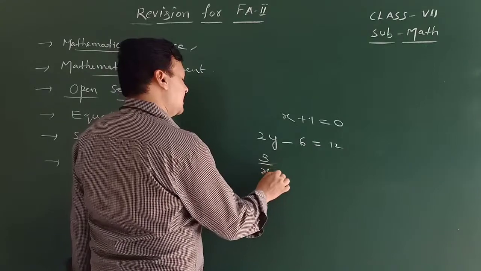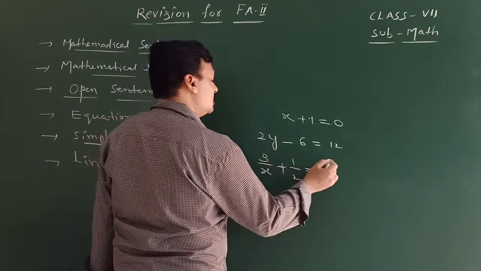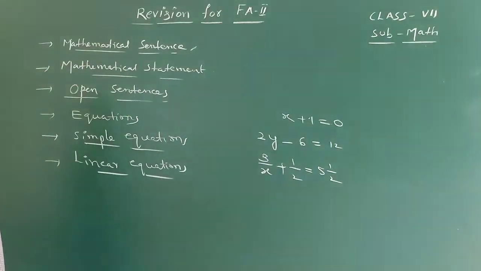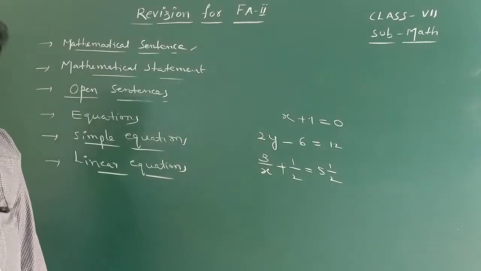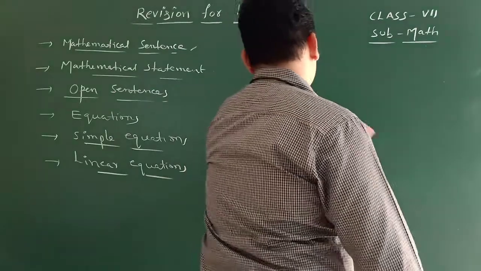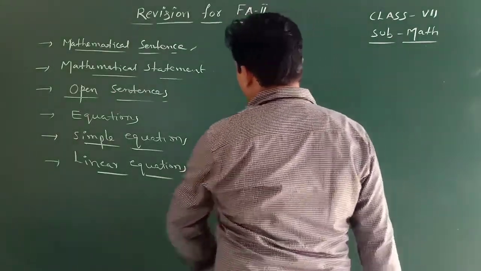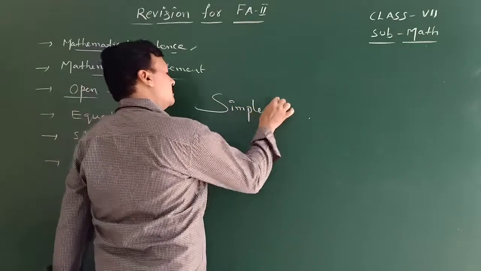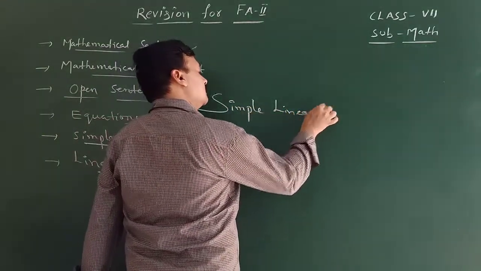Here 3 by x plus 1 by 2 equal to 5 by 2 is also a linear equation. Okay, these are all linear equations. Now our chapter, simple linear equation.